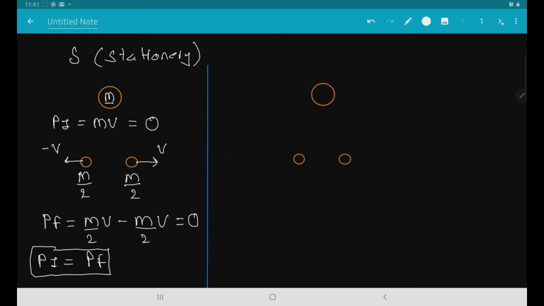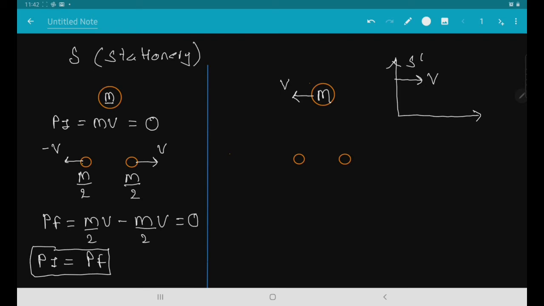Now, let us see the same explosion from a moving frame of reference. This is the S dash frame of reference. Let us say that it moves with velocity v towards the right. Now, when we see this same explosion in the moving frame of reference, you will see that this big mass m will be moving in the opposite direction with velocity v.